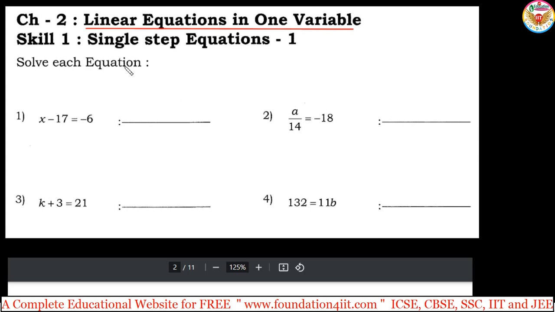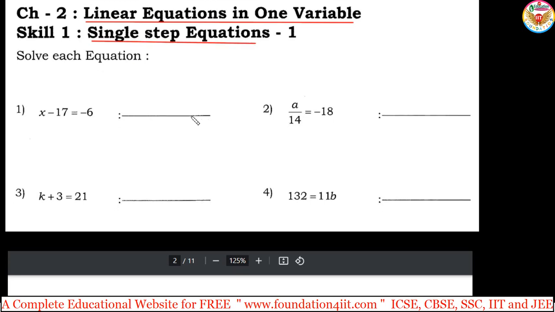First let us do single step equations, how to solve them. Single step means with a single variable, in one step you'll get the answer. Whenever you are transposing a variable or number from one side to the other side, like LHS to RHS or RHS to LHS, plus becomes minus, and minus becomes plus. Multiplication becomes division, and division becomes multiplication.